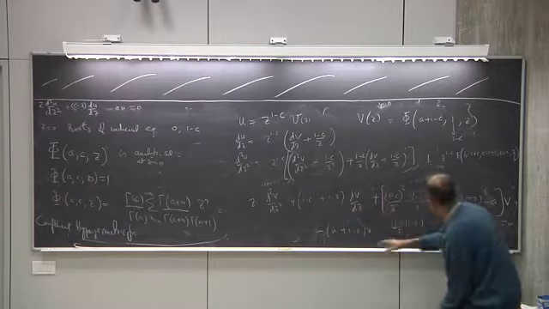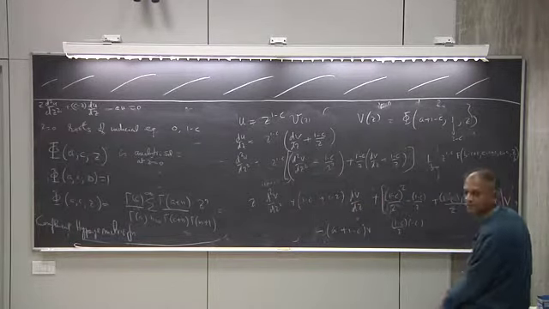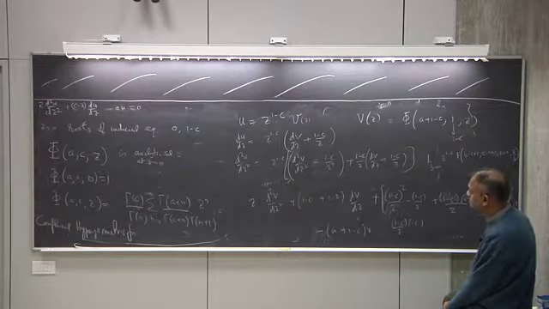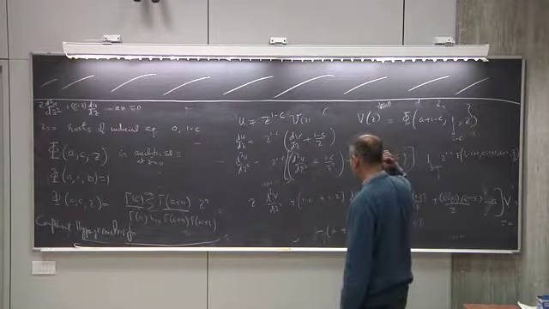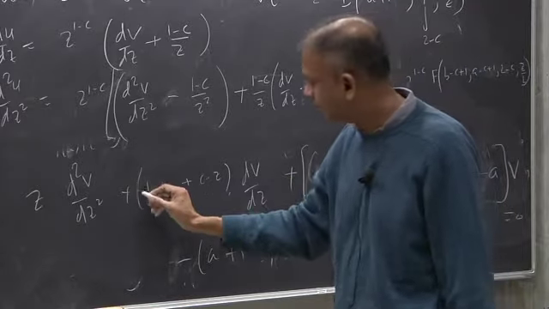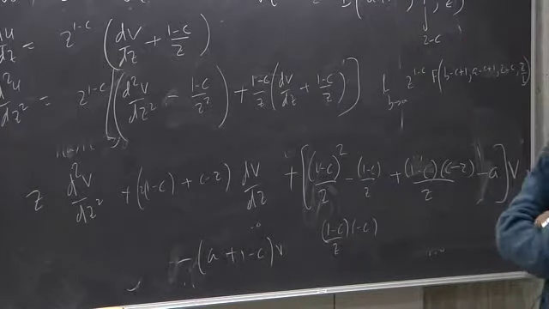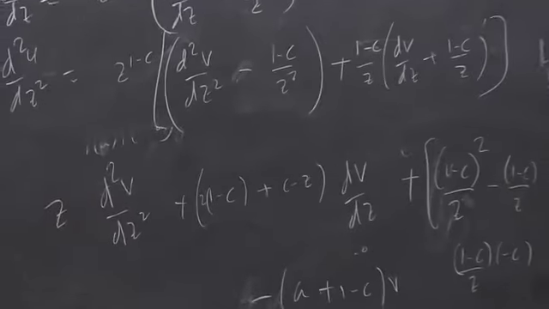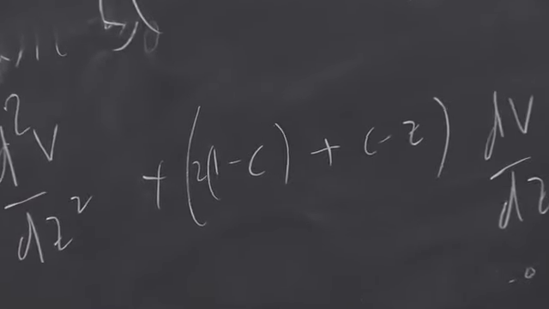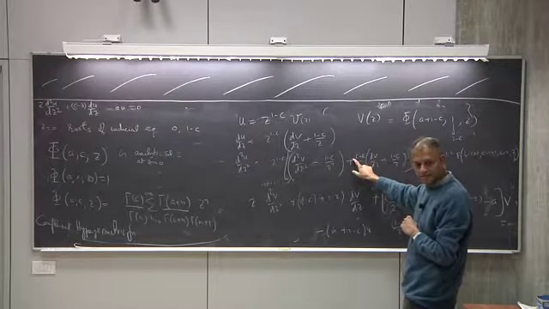I mean, did I? No, not there. Sorry, here minus a. Sorry. Where? Here. Here is 2 times 1 minus c. Where do you see that? Twice 1 minus c? Here there is a factor of 2.